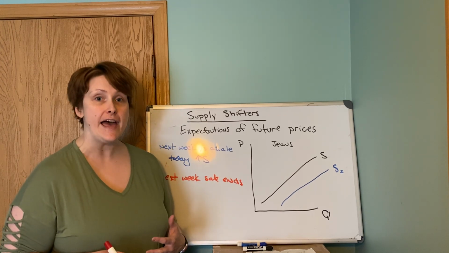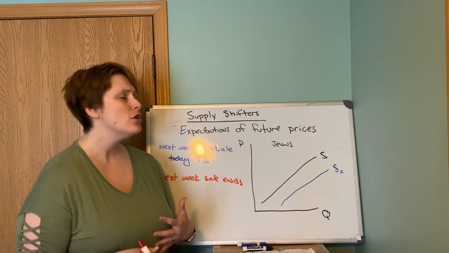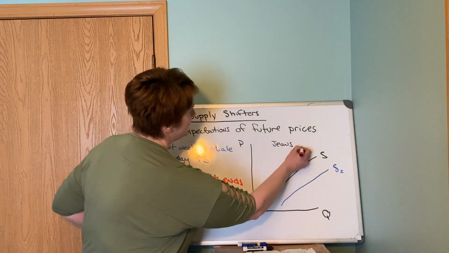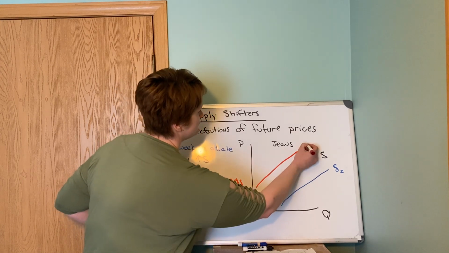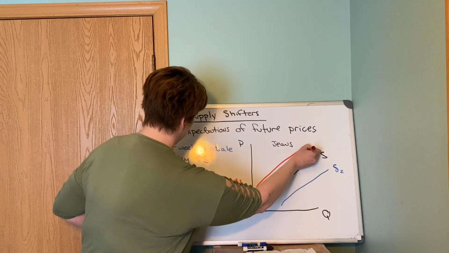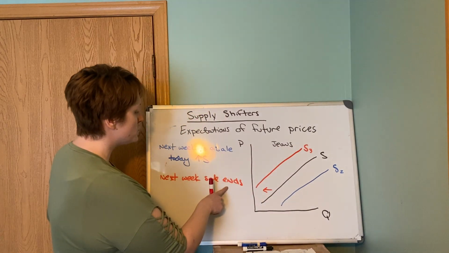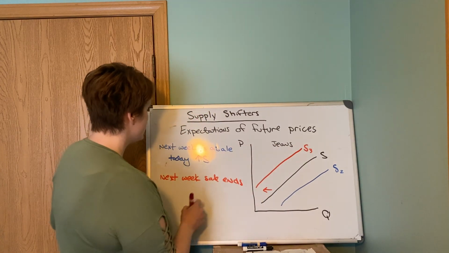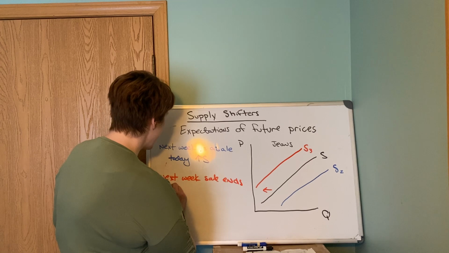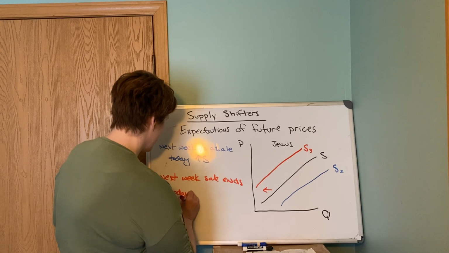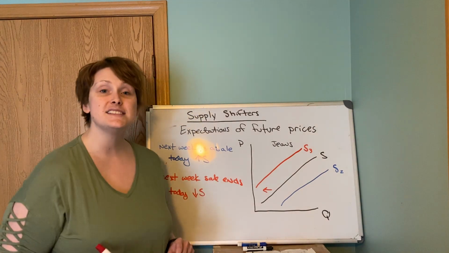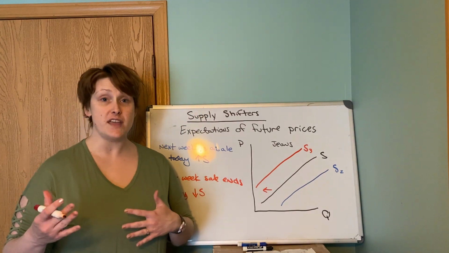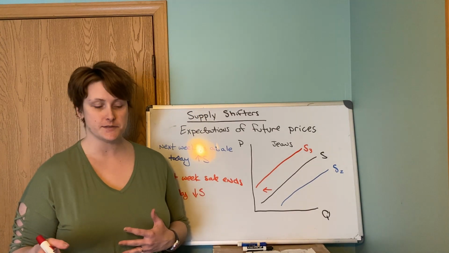So if I'm holding that stock back, we're going to see a decrease in our supply. So if next week our sale ends, we want to decrease our supply today so that we can save our stock for next week when everything goes back to full price.